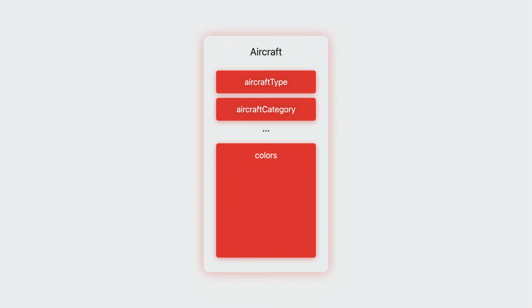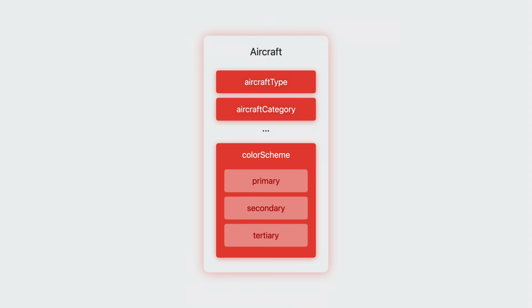I'll improve this entity by replacing the colors attribute with a composite attribute, colorScheme, to store the paint colors of the aircraft. ColorScheme is a composite attribute with the elements primary, secondary, and tertiary, each of which is a string attribute.